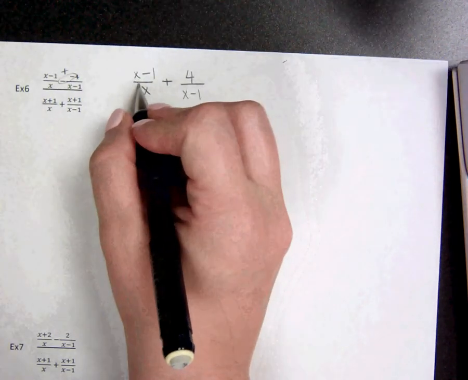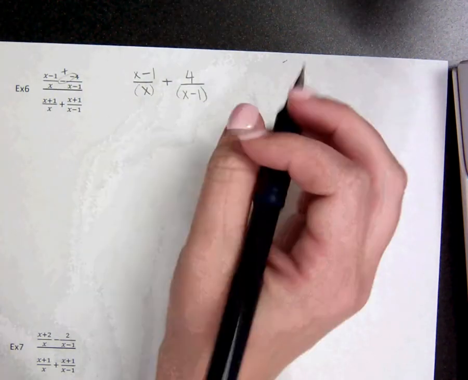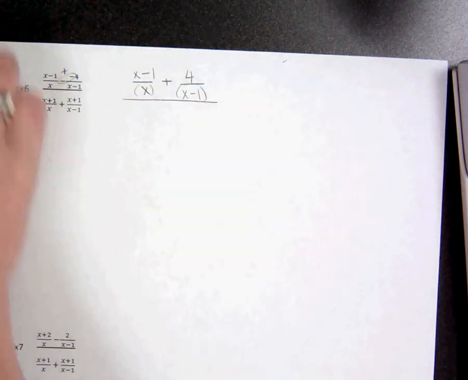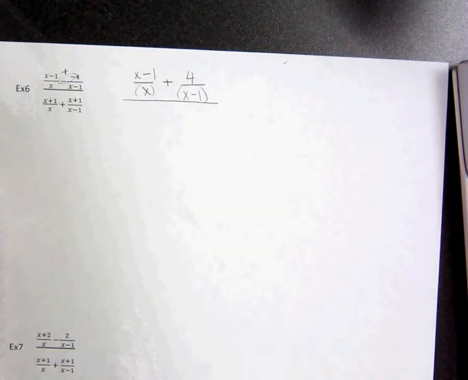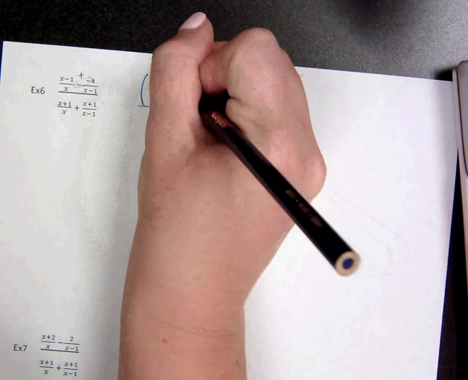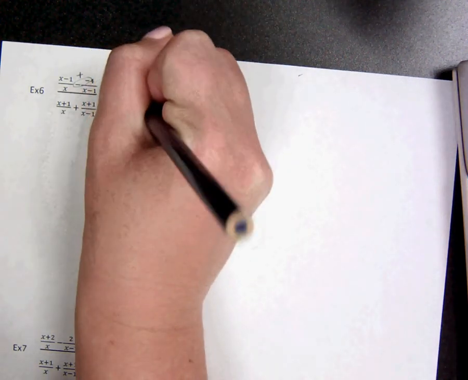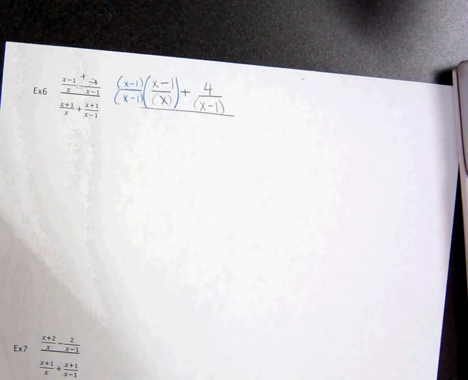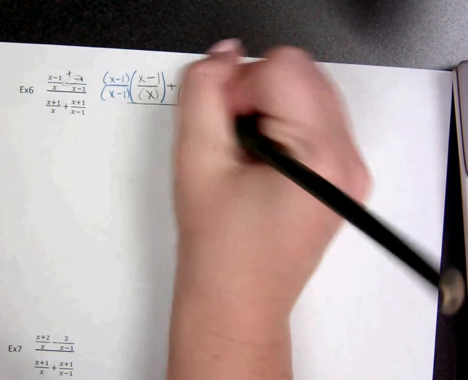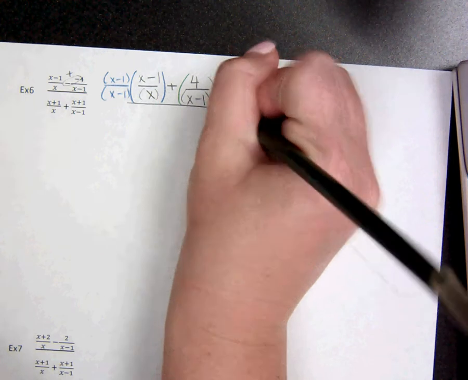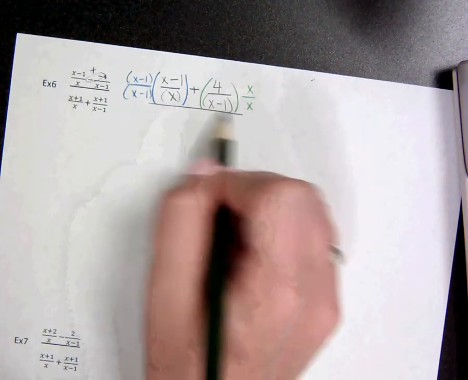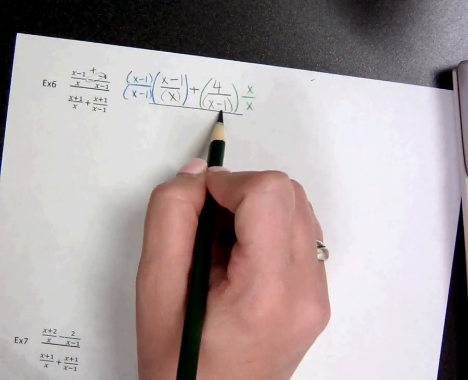So one of the denominators is x, the other denominator is x minus 1 for the top. This one's a little bit more involved. We're going to have to multiply the first part of that one by x minus 1, and the second part of that one's going to have to multiply by x, because the denominator needs an x all by itself and an x minus 1.